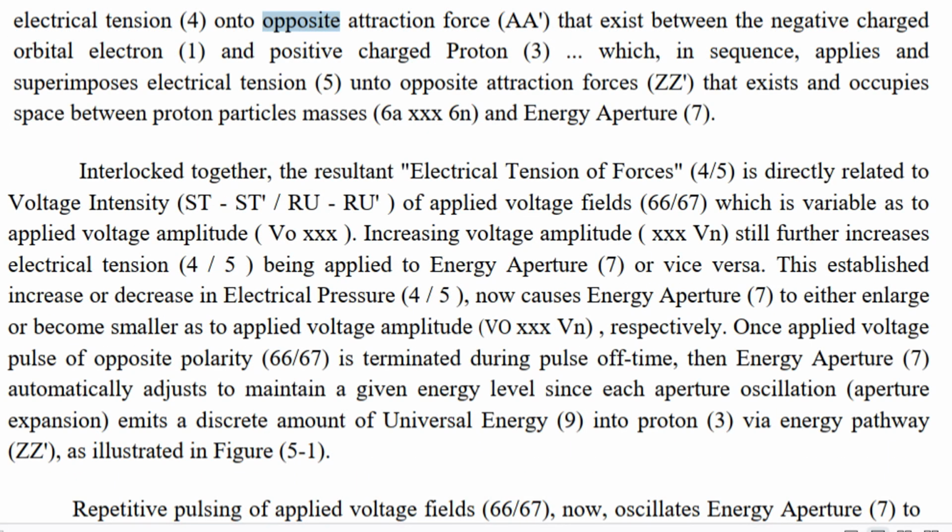What else do we got? Opposite attraction force, opposite polarity. It says once applied voltage pulse of opposite polarity is terminated during pulse off time, the energy aperture automatically adjusts to maintain a given energy level, since each aperture oscillation emits a discrete amount of universal energy.